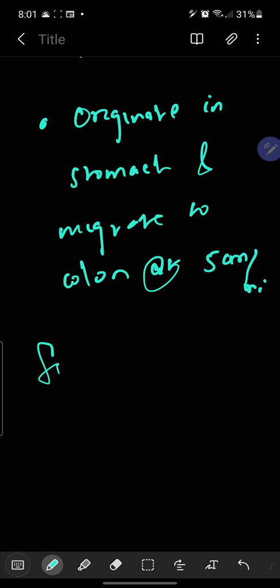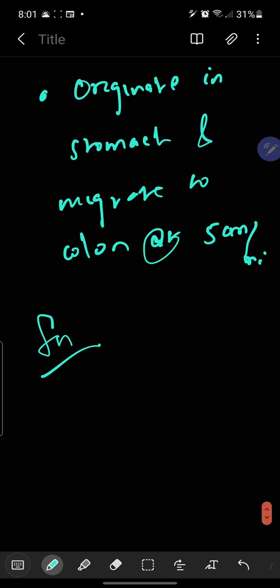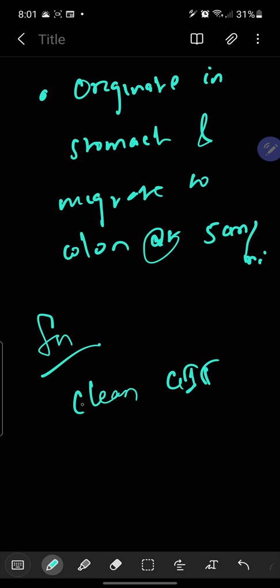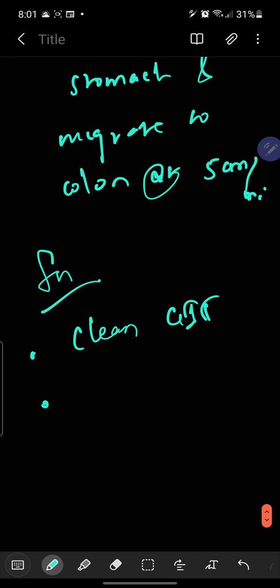Now what are its functions? It cleans the GIT. That means the bacteria, foreign bodies, and undigested food particles will be moving from the stomach to the colon.